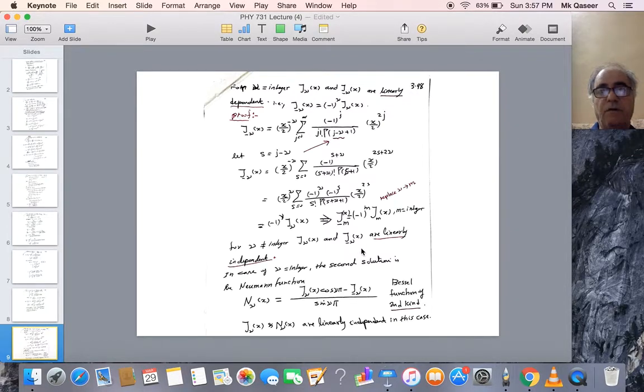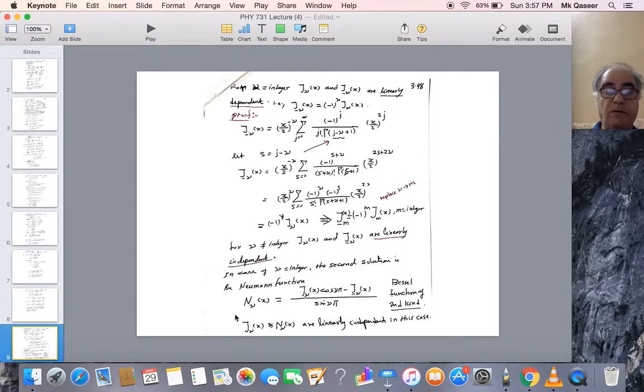Now for the second solution, I am not going to show that because it takes time. We call it the Bessel function of the second kind, which is the Neumann function. It's a linear combination of j sub nu and j minus nu, which is given by this expression.